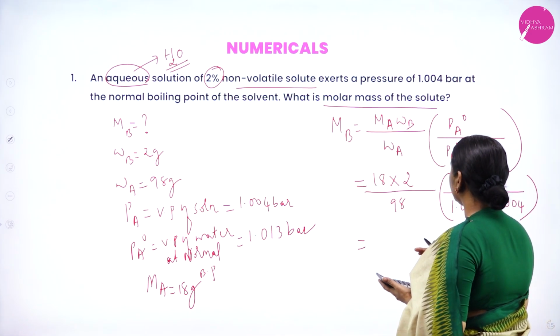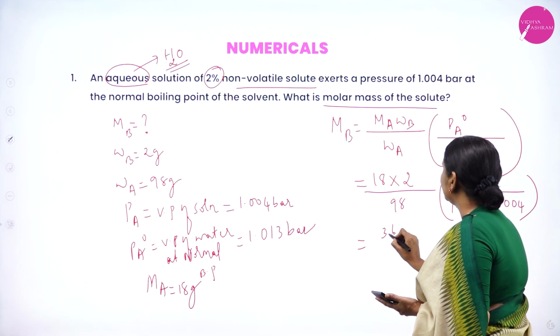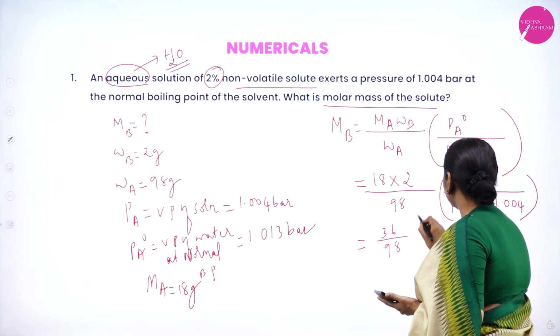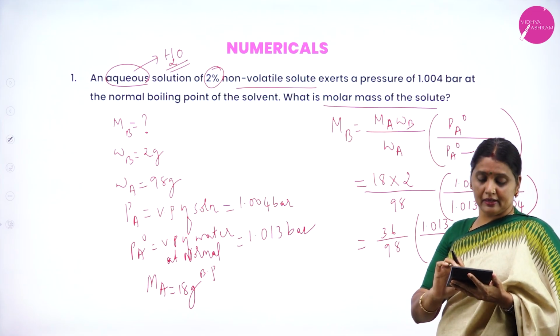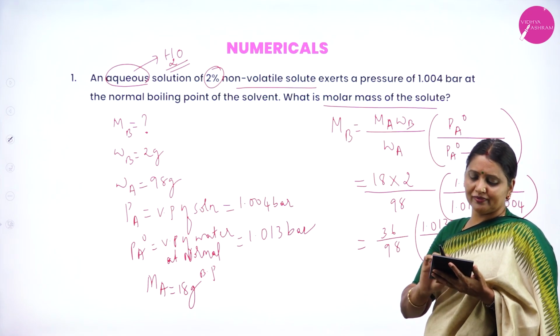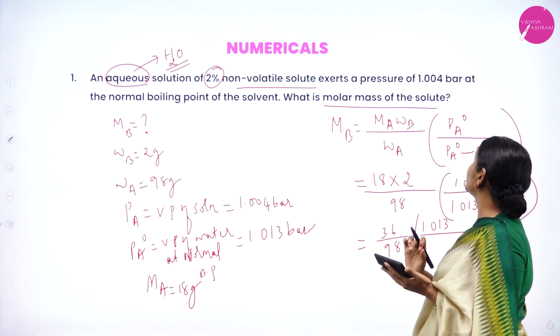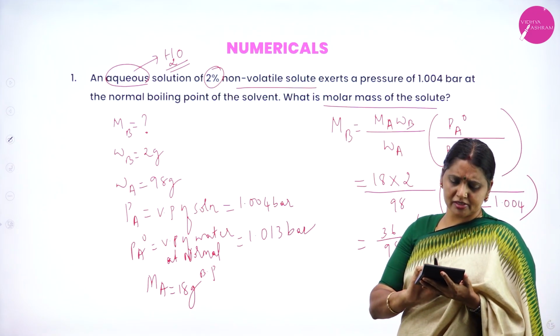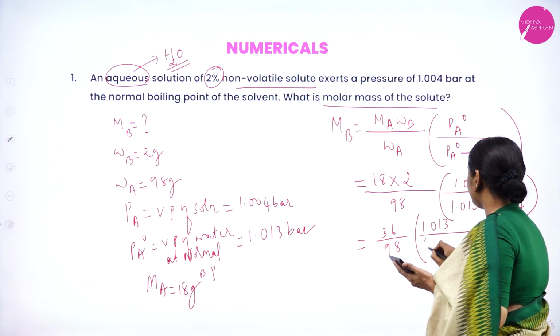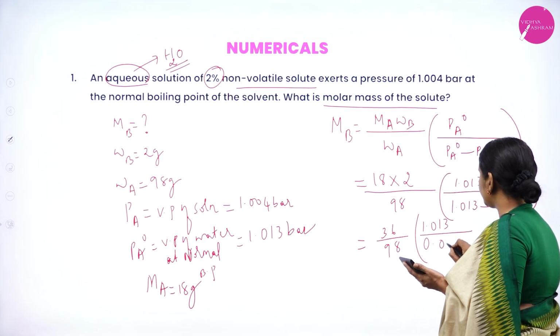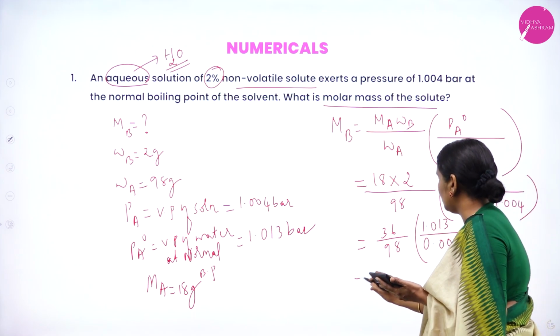18 twos are 36, by 98 into 1.013 minus 1.004, which is equal to 0.009.